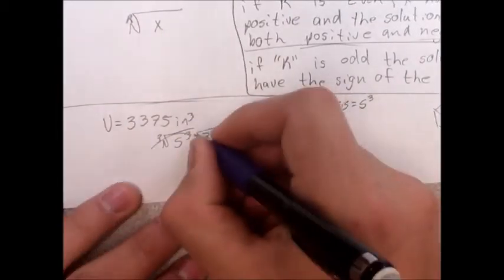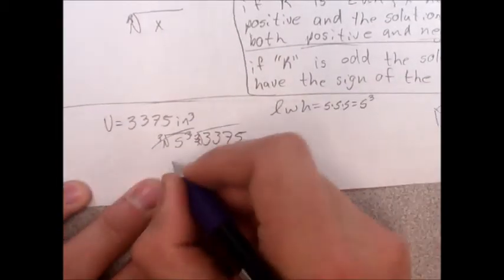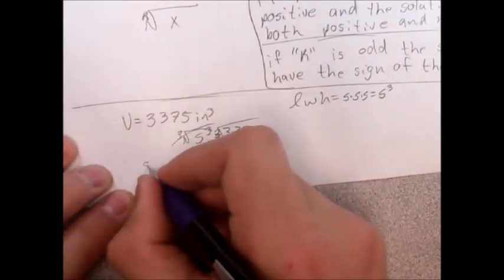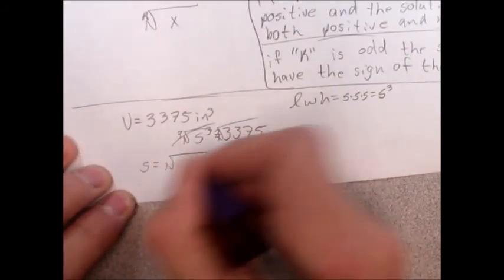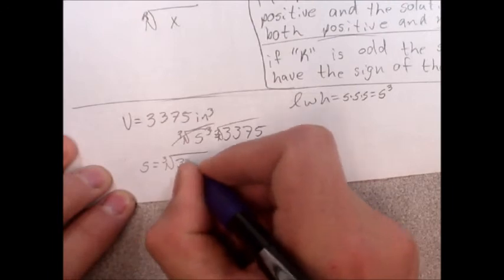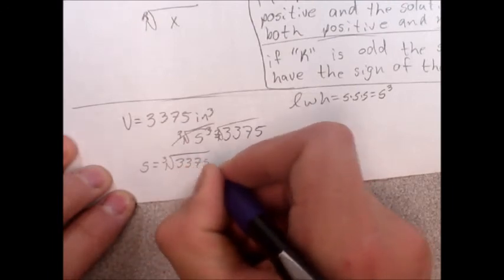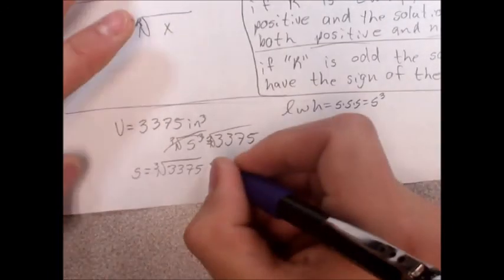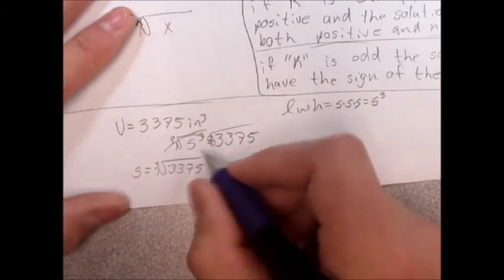So that one went away. Now the length of each side is the cube root of 3,375.